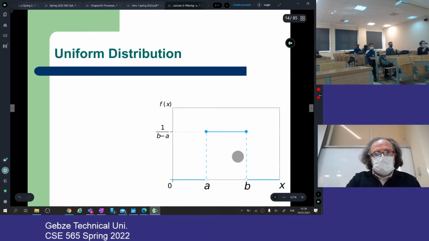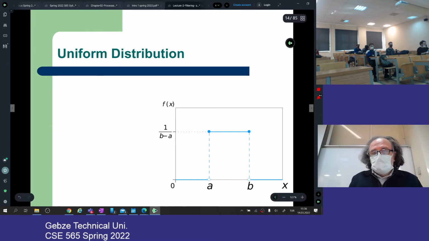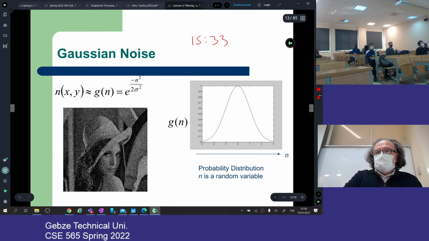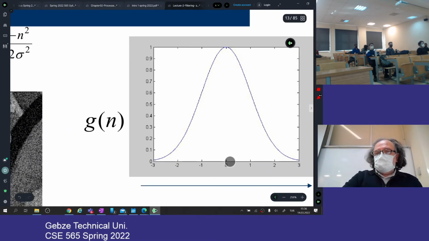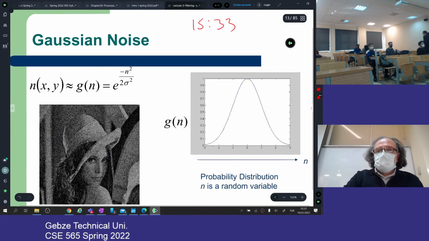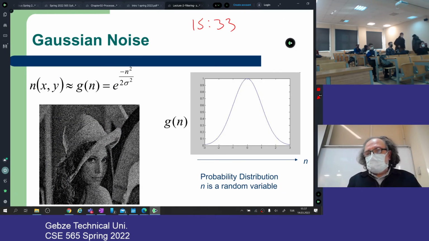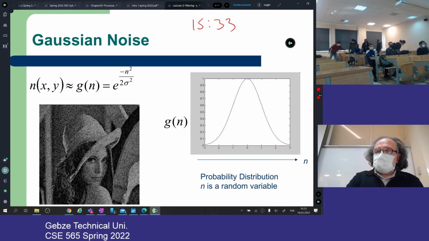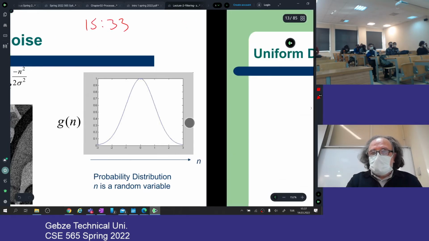Okay, Gaussian is not the only distribution that we use. The other one is the uniform distribution. Here, producing a zero has the highest probability. All the rest, from minus infinity to plus infinity, everything is possible, but producing something around zero is highly likely.